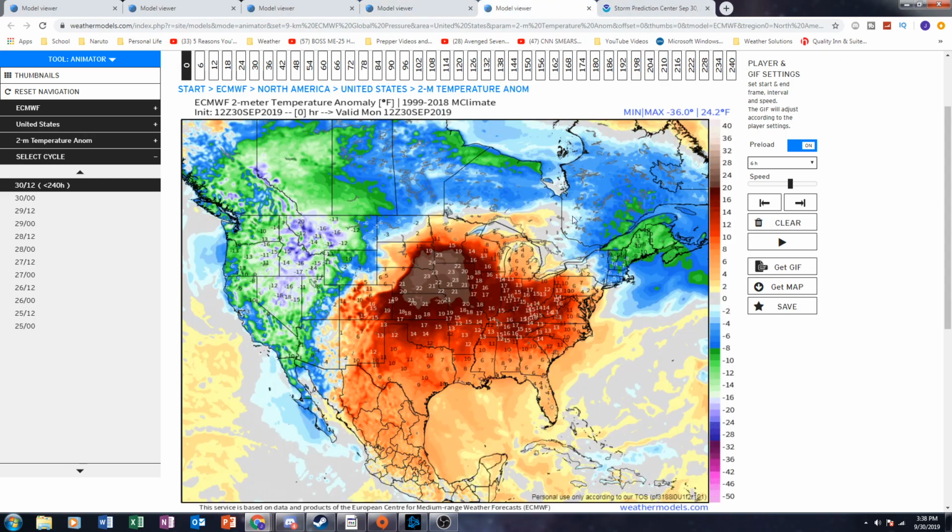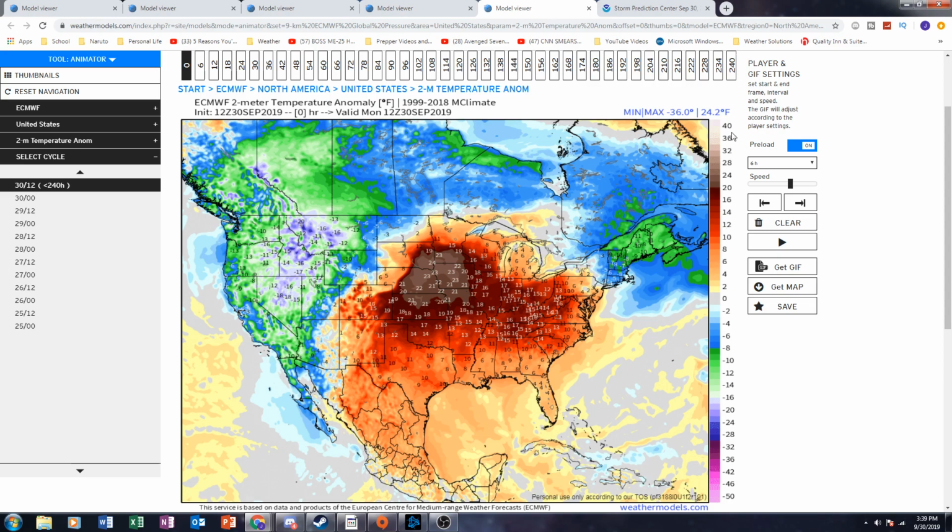We're going to take a quick look here at temperature anomalies. Now, I want you to remember this picture. Temperatures in the Great Plains right now are up to 23 to 24 degrees Fahrenheit above average. And then in the Rocky Mountain states like Montana and Idaho, they're 15 to 20 degrees below average, which is absolutely insane right now.